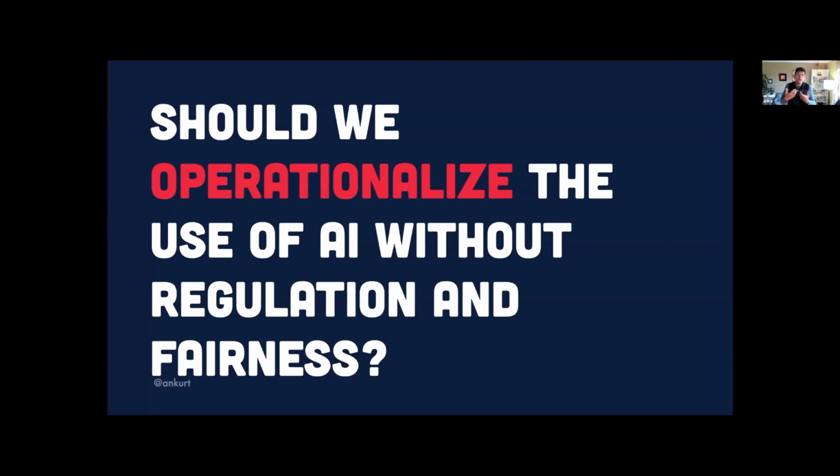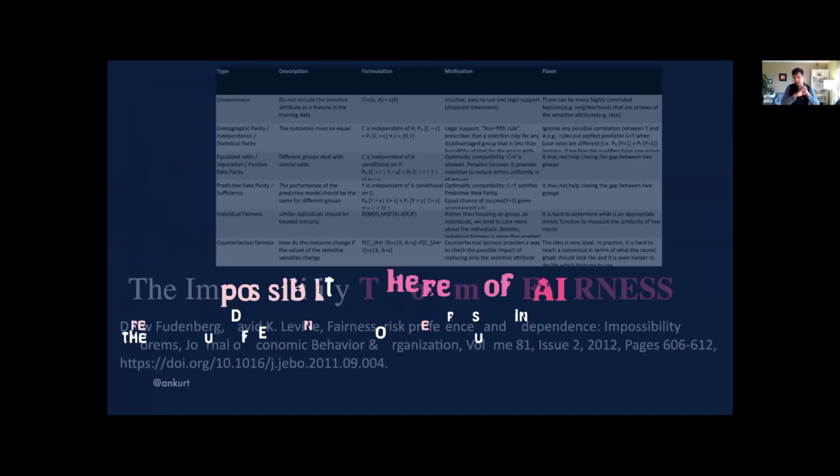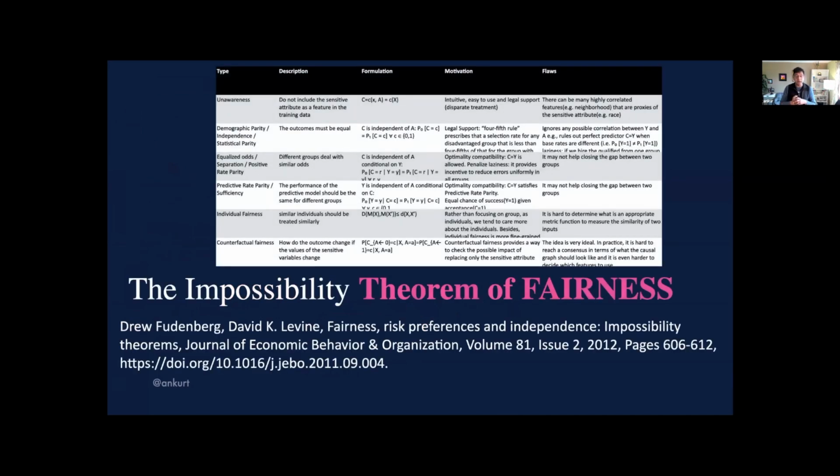So the question that I'm really asking myself for the next few years as a research question is, how do we operationalize the use of artificial intelligence without regulation and fairness? In fact, the question can be rephrased as, how do we usher in the future of AI, or rather responsible AI? And there are tons of theoretical frameworks.